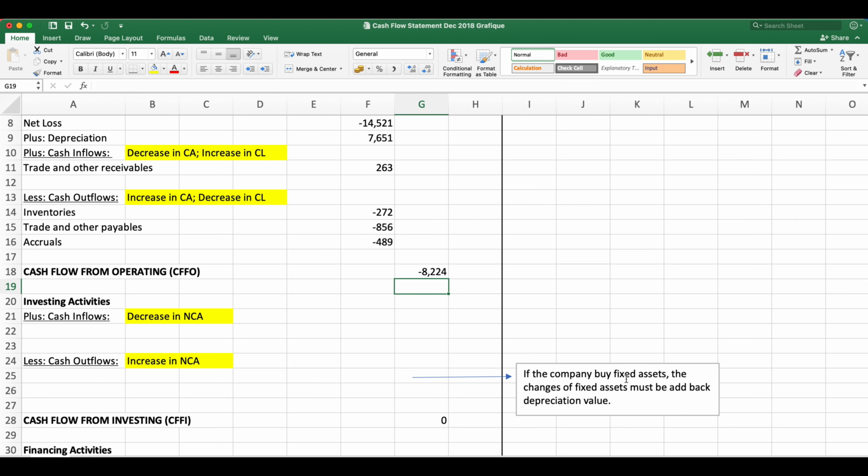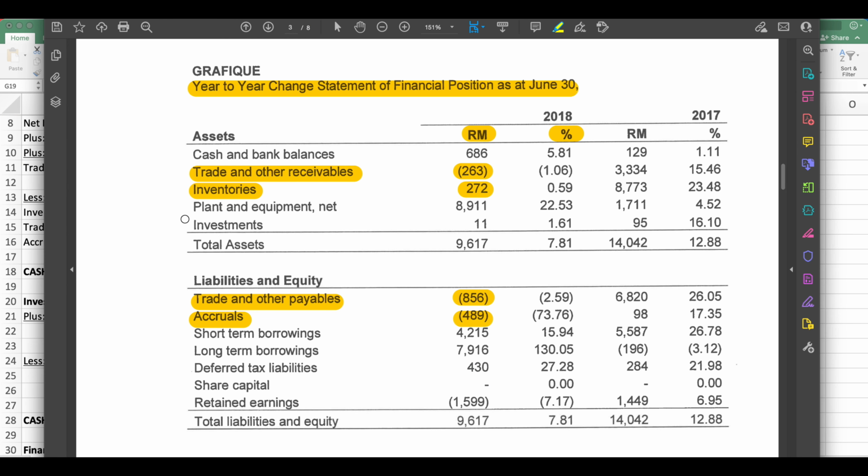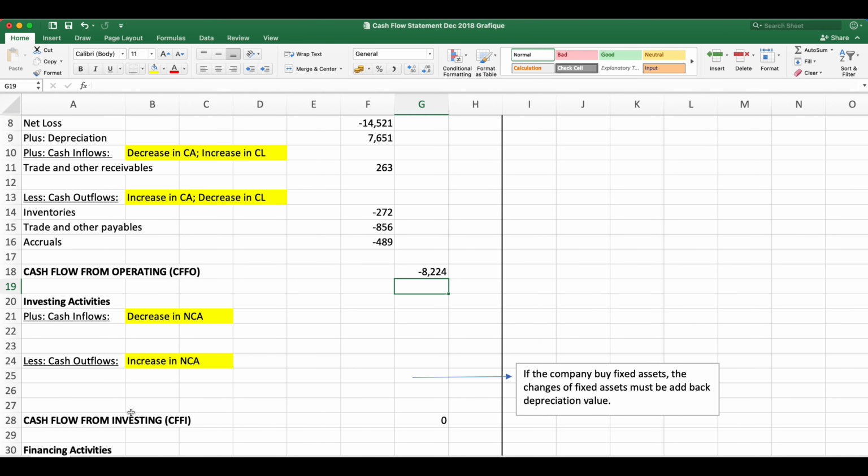If the company buys fixed assets, the changes of the fixed asset must be added back with the depreciation value. Okay, so let's go back to the balance sheet. So we have plant and equipment. It is increased by 8911. Okay, this is a year-to-year change. Increased by 8911. Okay, where do we record? So an increase in the non-current asset, plant and equipment, will be recorded as an outflow.